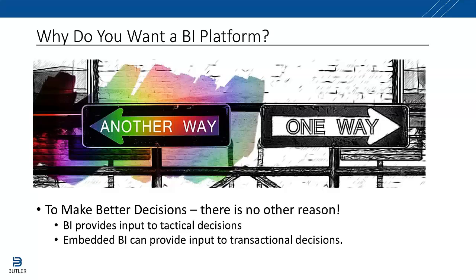When you produce graphs and charts and dashboards and so on, those are typically used for tactical decisions by managers, typically, change the distribution of salespeople or whatever the outcome of the analysis is. If you embed BI into everyday applications, then you can provide input to transactional applications and decide what kind of thing you want to offer a particular customer, or how to treat a particular supplier and so on.